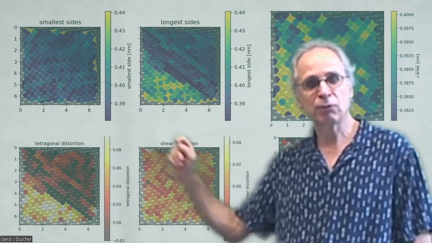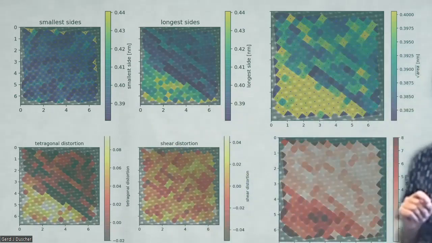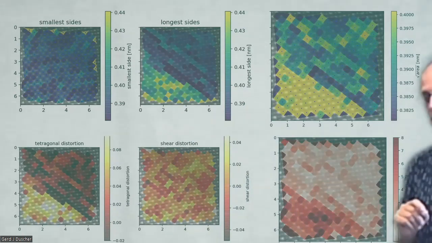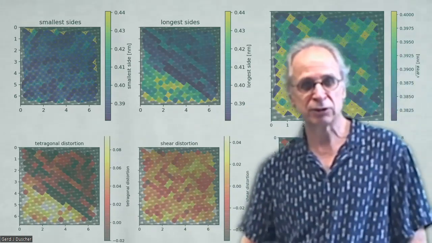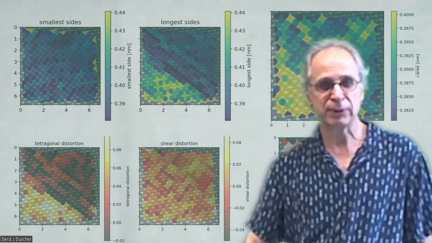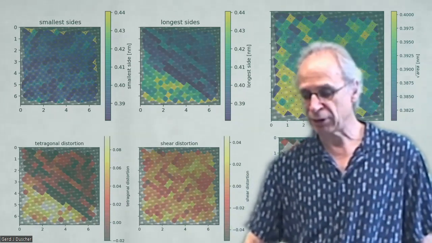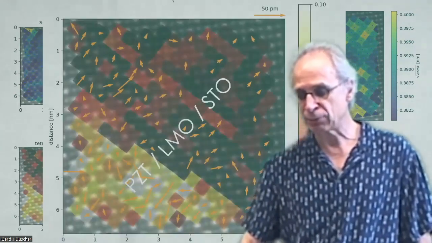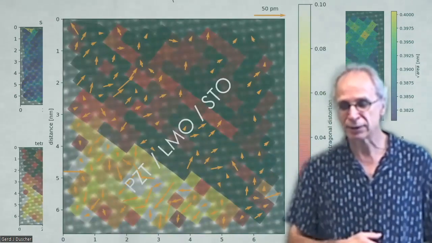And so we can just read that out directly from our plot here of the different strains. So there's no shear that we can see. It's only tetragonal distortion. So that's exactly what we expected.